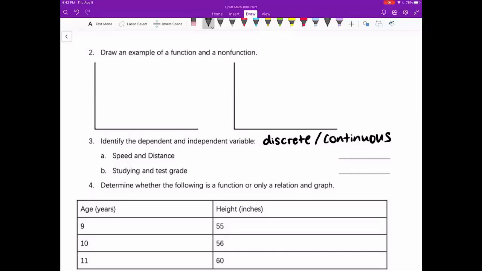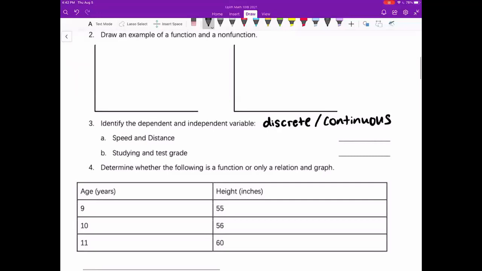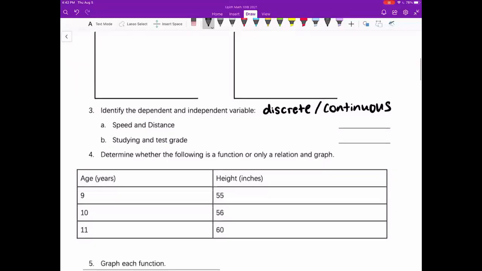I think they could have made it clear if they put something like studying hours. Maybe you have a teacher that's still using the 1, 2, 3, 4 method. In this case, you mentioned correctly that studying is independent. So we're looking at if the number of hours studied can take on any value.